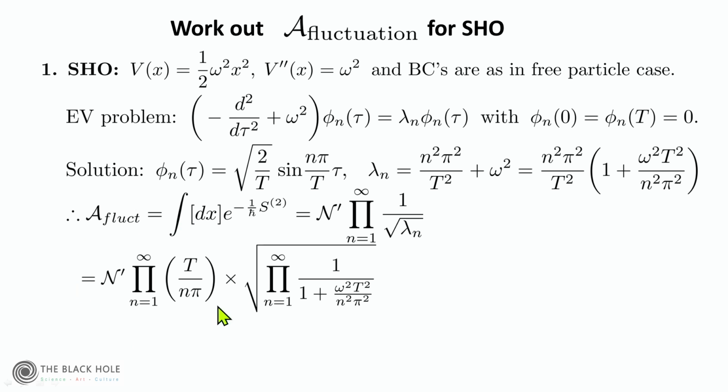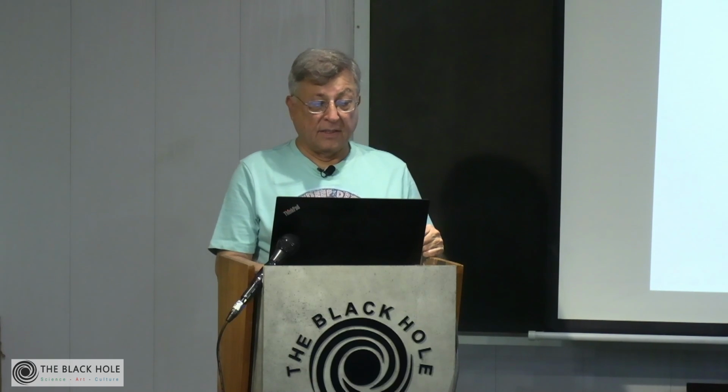So this part is what you saw maybe 3 minutes ago for the free particle. And now you are seeing something that depends upon omega. By the way, you notice that if I put omega equal to 0, this becomes 0, and this whole factor becomes 1, and that becomes the free particle again.